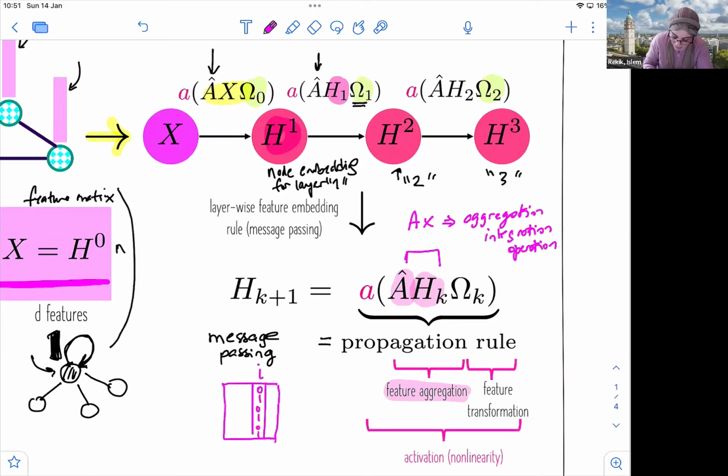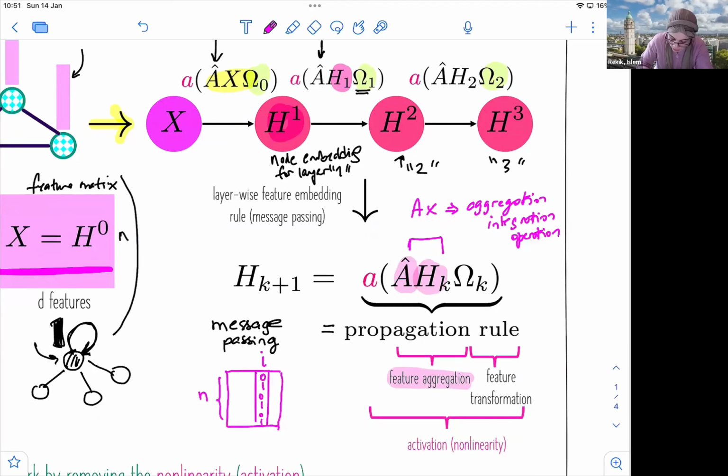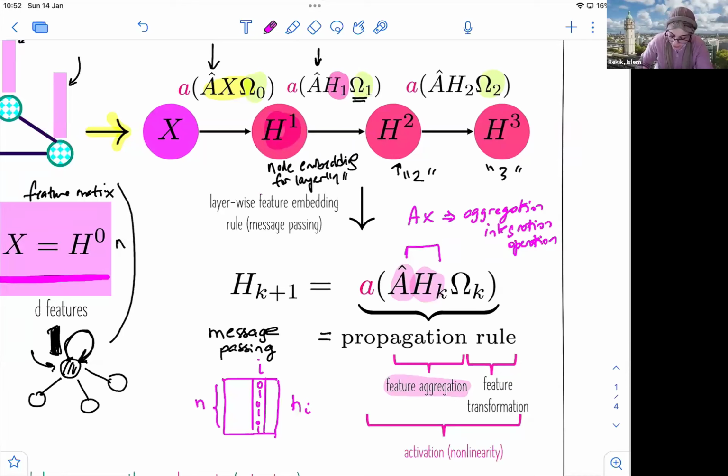So this connectivity pattern with all of its neighboring nodes. If you multiply this by H, the embedding of node i, what we're going to do is update the embedding of i based on its neighbors.